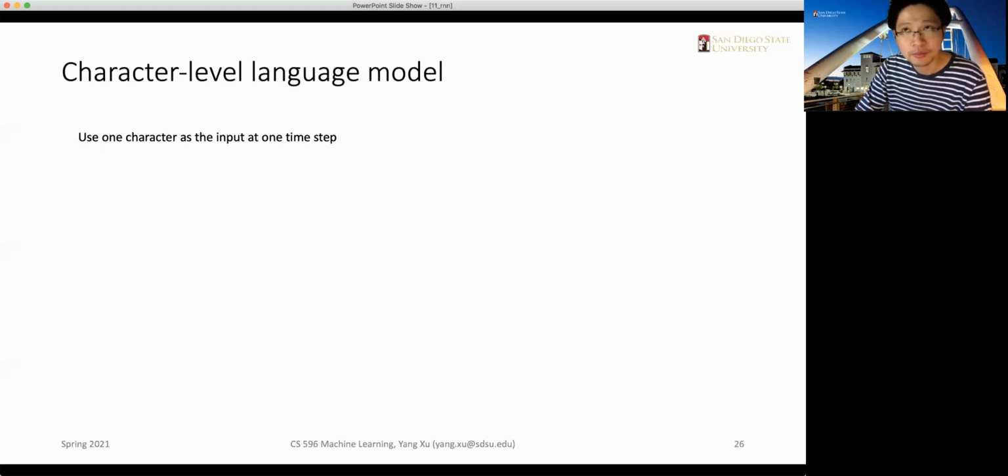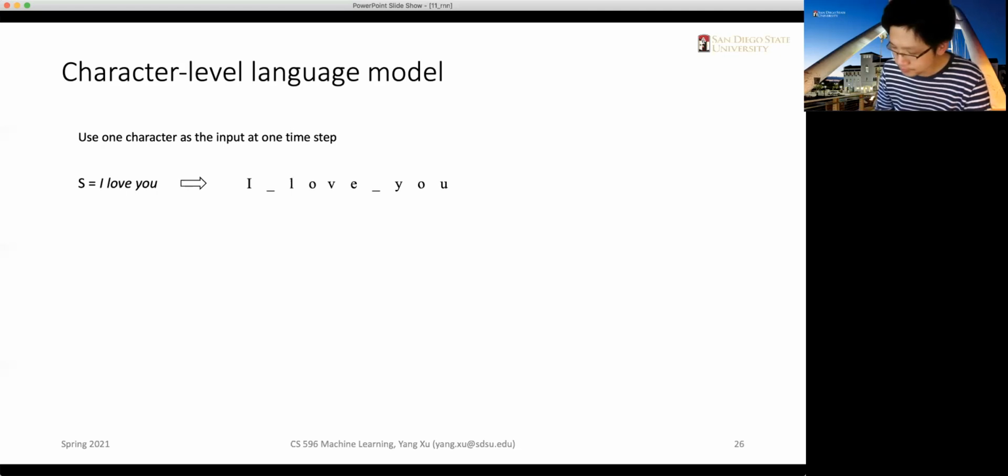So we can think of the advantage of this technique. If we are going to model letters instead of words, then the letters are a much smaller, finite set than the words.